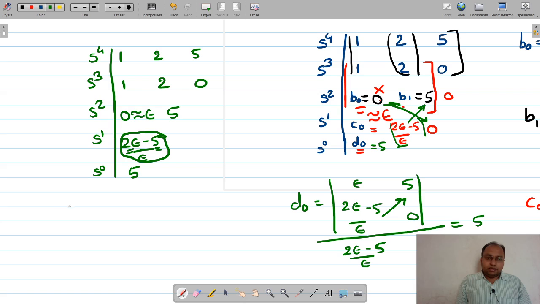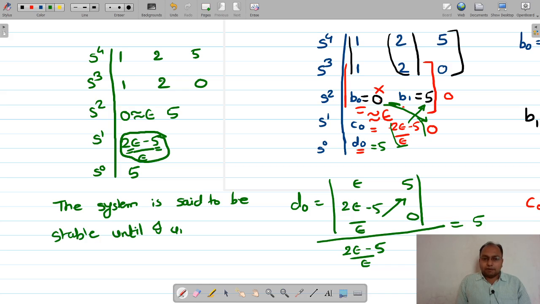The system is said to be stable until and unless 2 epsilon minus 5 divided by epsilon is not a negative value.